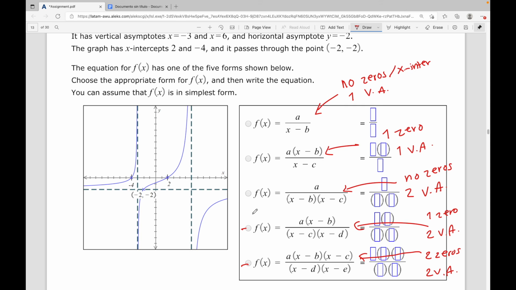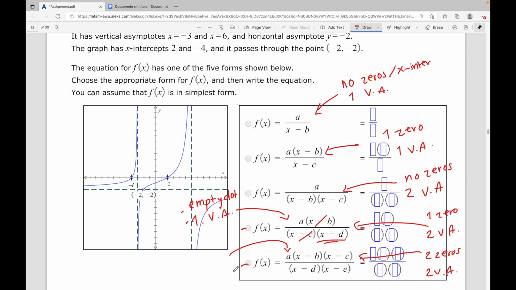So if we don't have any zeros, but we have one vertical asymptote, and let's say we have an empty dot, then it will be this one, and we'll have just one vertical asymptote, because remember the way we get the empty dot is that one eliminates the other. So technically we will just have one vertical asymptote, right? So that's when we have an empty dot, no zeros, and one vertical asymptote.